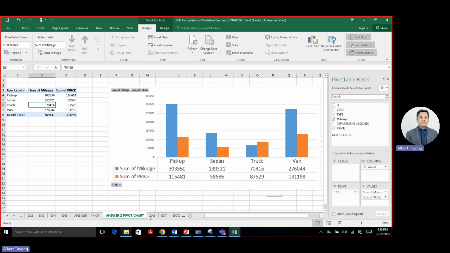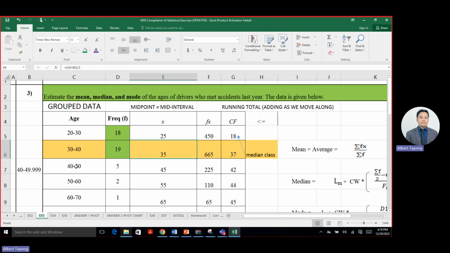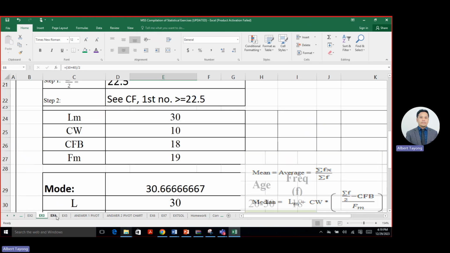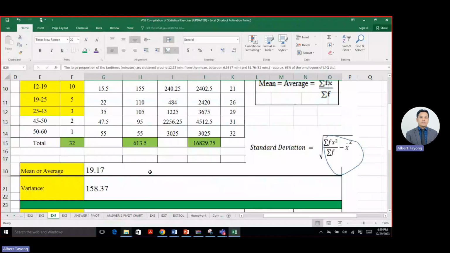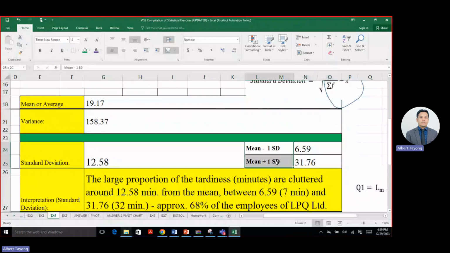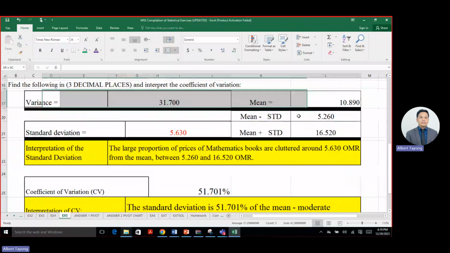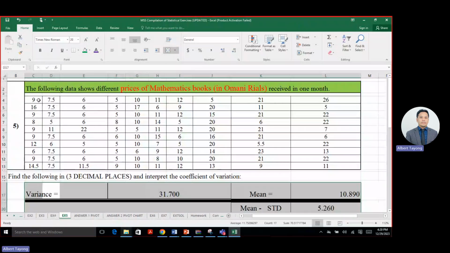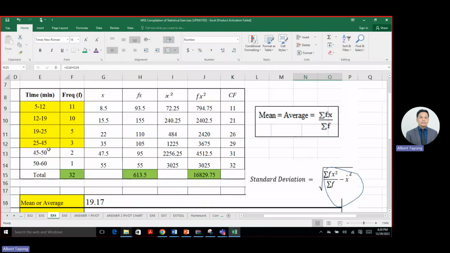All right. So I guess this one is very clear. I have done exercise 3, the group mean, median, and mode. Exercise 4 is all about standard deviation, the variance, and the interpretation of the standard deviation: the mean, mean minus 1 standard deviation, and mean plus 1 standard deviation. Here we have the same from variance to CV, but we have raw data, different from here because here we have group data.